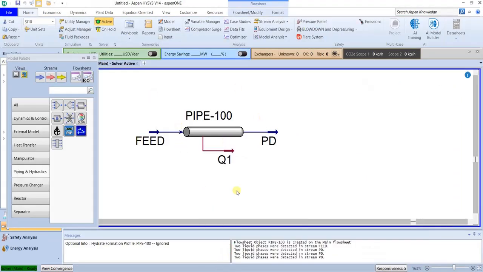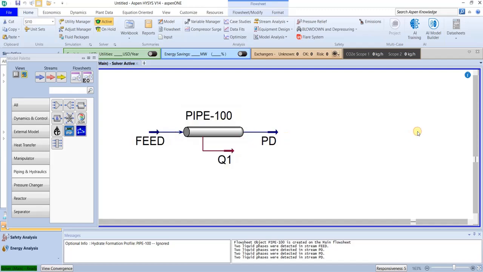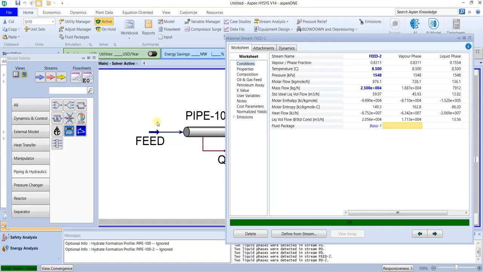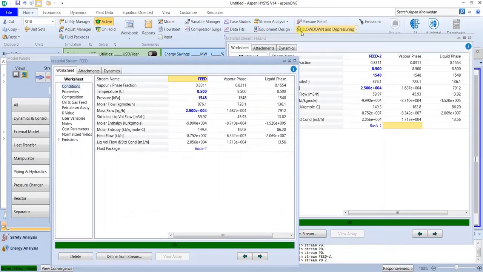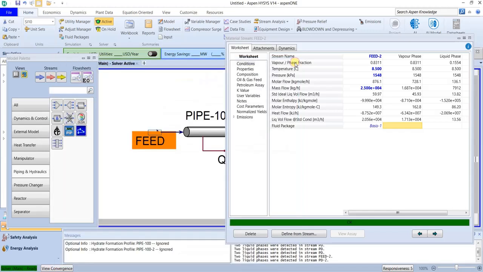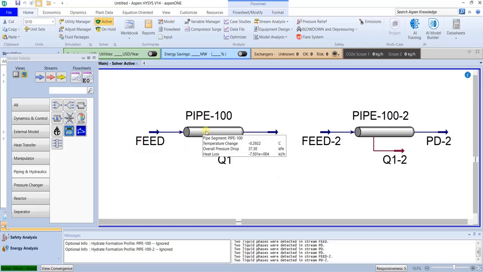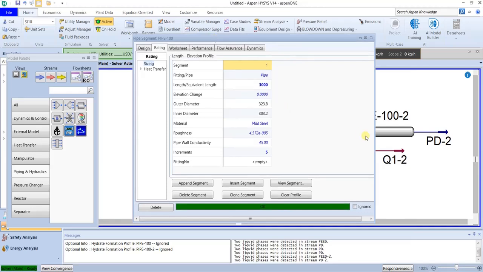So this pipe we have simulated, I will just create a copy of it on the flow sheet. So I will copy it and then I will paste it here by the side, right? So basically these two pipes have the same specifications at this point, right? Both the streams and pipe specs, right? They are the same. So I will be making changes on this second pipe to actually show you the effect of erosion, right?